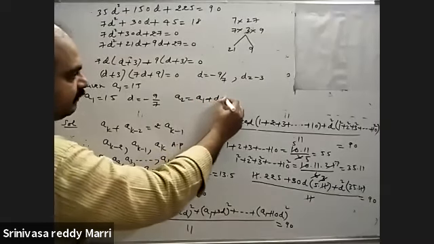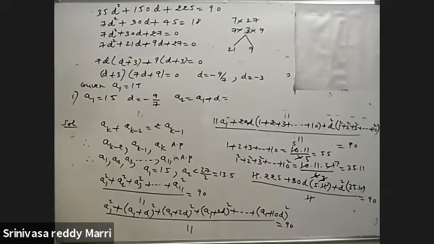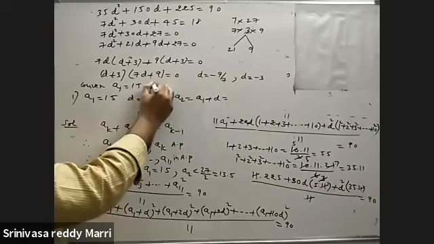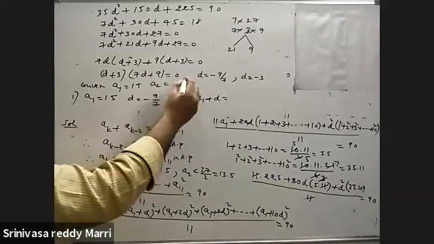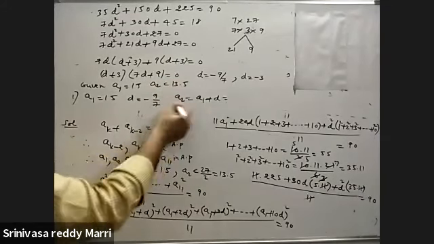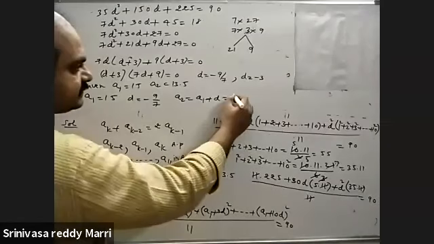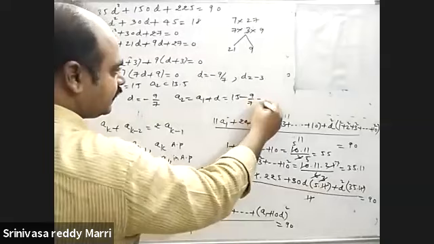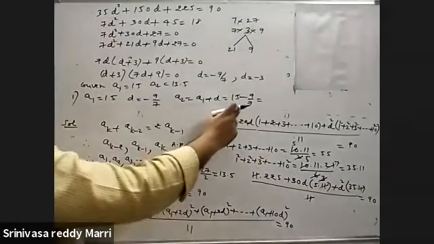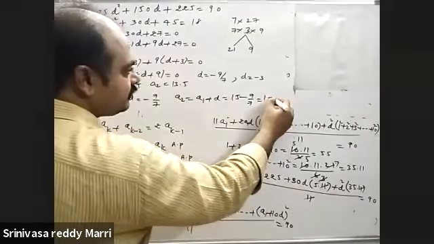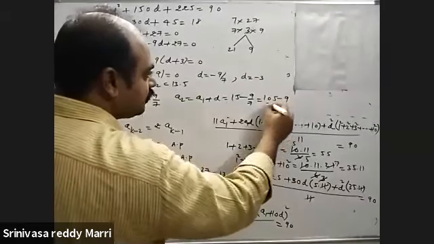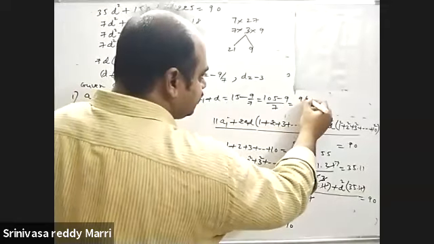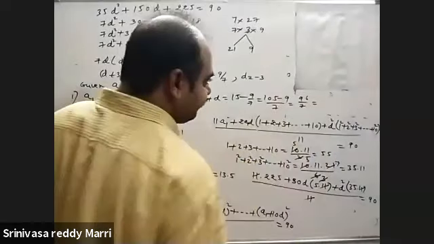That means a1 plus d. If you calculate what happens, look at. Given that a2 is less than 13.5. a2 I am calculating. a1 is 15 minus 9 by 7. So this is how much? 105 minus 9 divided by 7. This is nothing but 96 divided by 7.